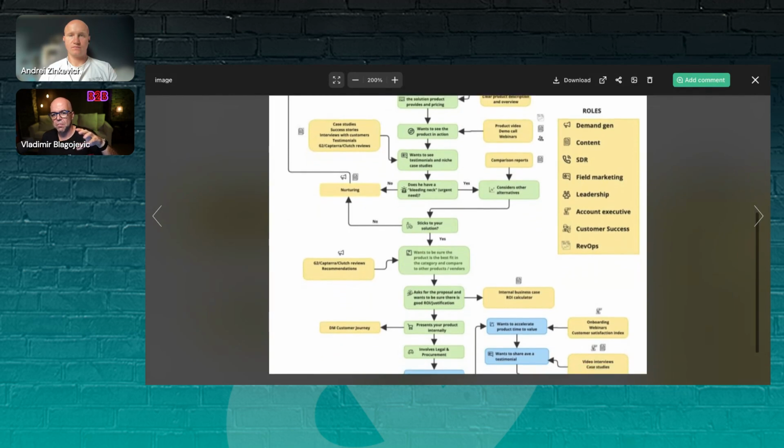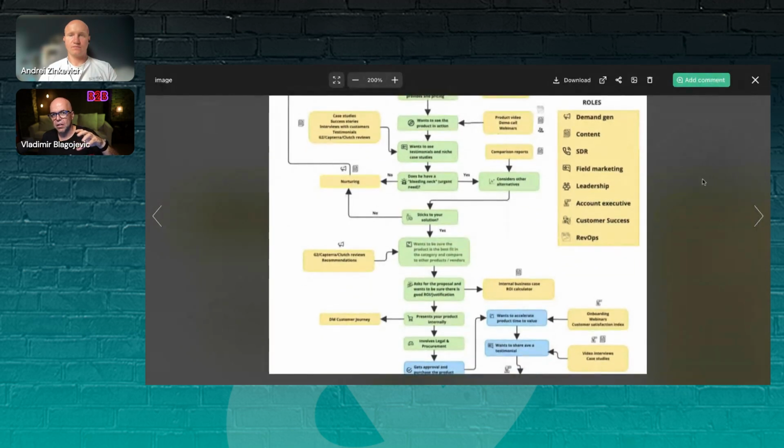So basically what I'm saying is to complement the information that you have in your digital analytics, in your CRM, maybe call recordings, with these interviews. And now you can start going through the different notes and pieces of information, and mapping out a buyer journey similar to the one that you see here shared on the screen.